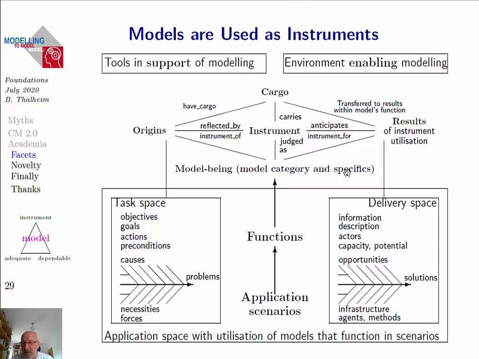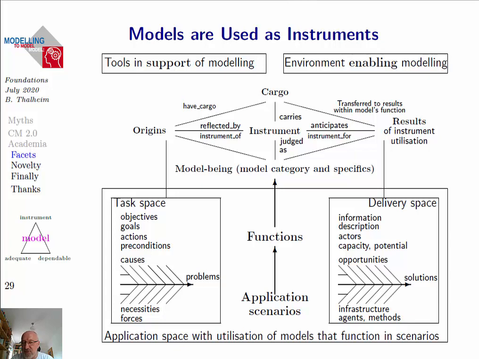It is somehow reflecting origins, which have again a cargo, but the cargo is also inherited by the instrument, so that the instrument carries the cargo as well, and it can be used for deriving, for computing, for developing a number of results we are interested in. That means in this case we have also an environment enabling modeling, and we have also tools in support for modeling. That was a general picture.